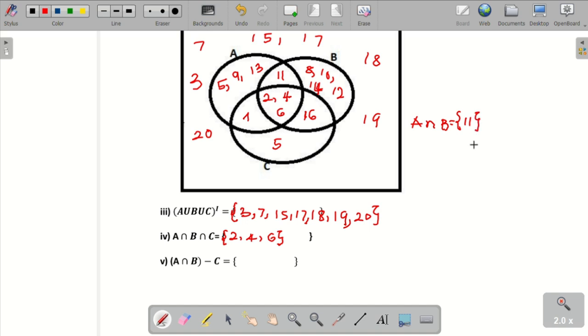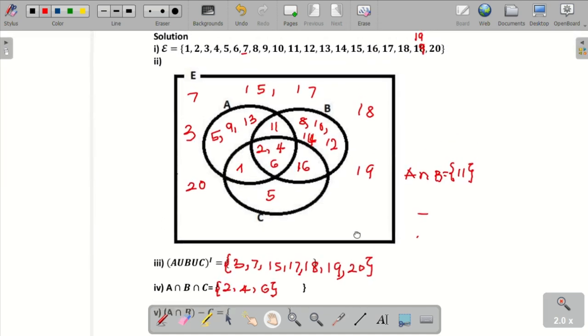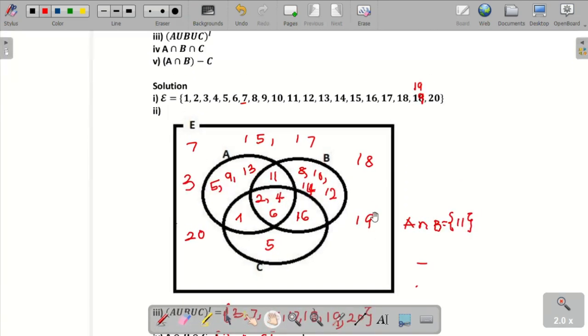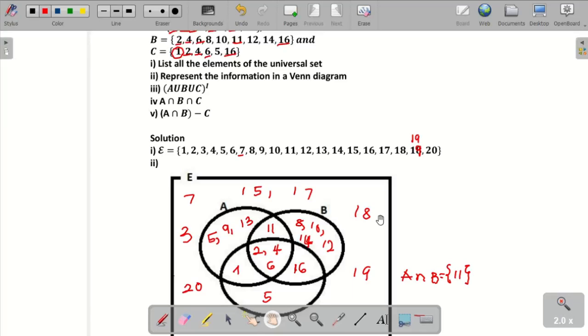Now let's look at the meaning of this sign, difference. The difference of two sets simply means those elements that are present in A intersection B, but they are not in the subset C. The members of C are 1, 2, 4, 6, 5, and 11.